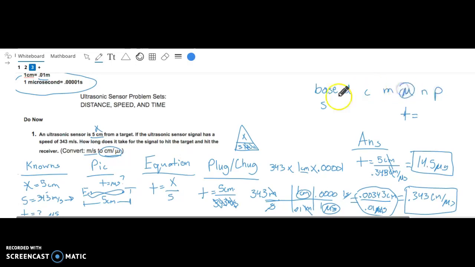So you're going from micro to second. So that's 1, 2, 3, 4. So that's 4 steps to the base. 1, 2 to the left, 3, 4. So I have to open zeros here. So it's going to be 0.00145 seconds. And that's the answer in seconds.